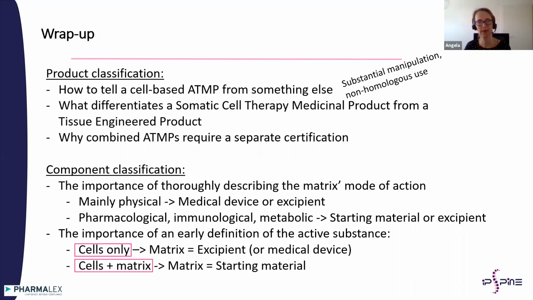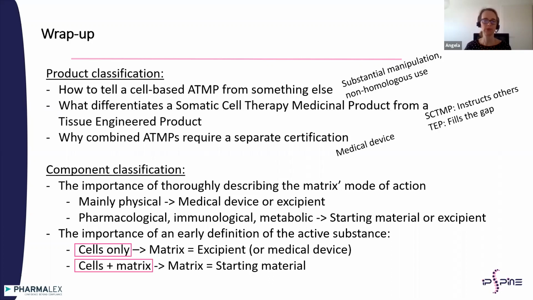And hopefully in the back of your mind, you will see the blue somatic products instructing others, modulating the patient's own tissues by secreting beneficial factors, in contrast to the red tissue engineered product, which fills the tissue defect itself and will provide new healthy tissue. And we figured out why combined ATMPs require a separate certification. This is because a combined ATMP contains a medical device inserted as a substantial part of the product, and this medical device will be separately certified by a notified body.